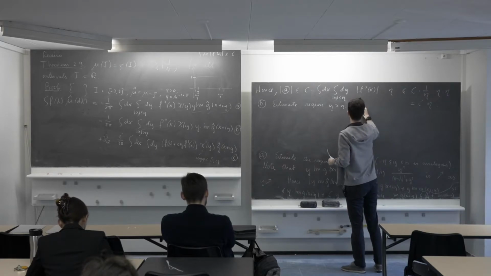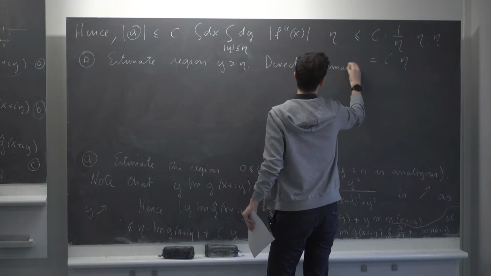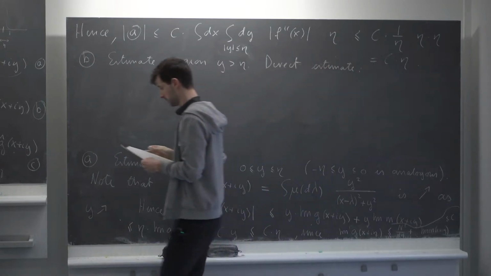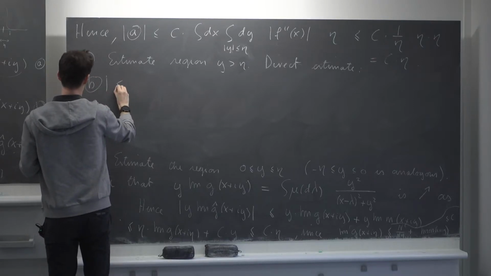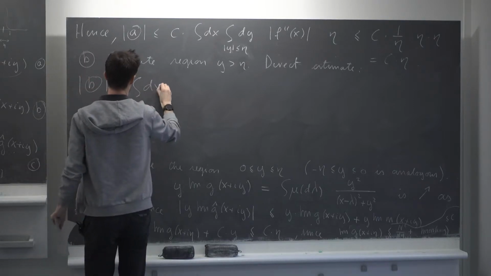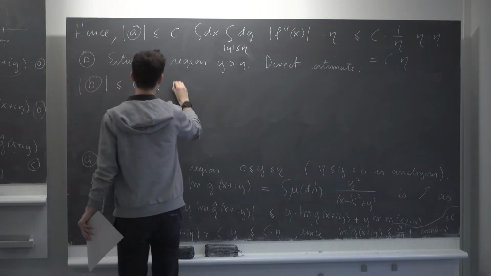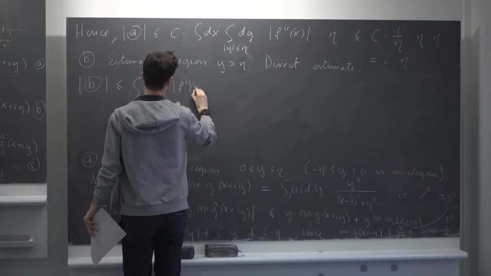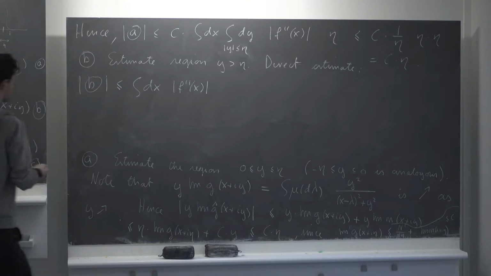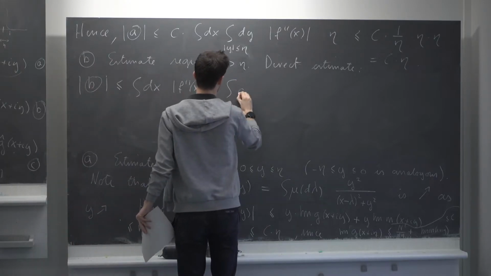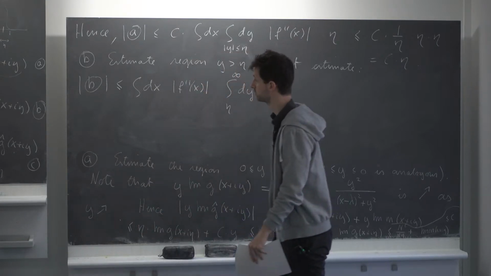So we have a direct estimate, which is the following. B in absolute value is bounded by the integral over x dx of f double prime of x, and then the integral over y, where y goes from eta to infinity.